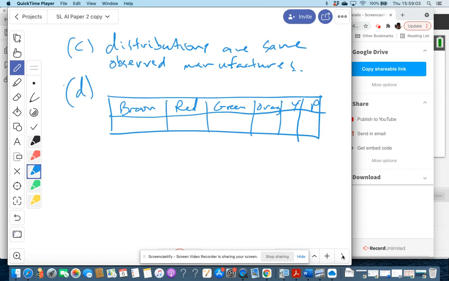Okay, so again, for the calculations, we're going to take the given percentage. So this was 15% of 80. And then 25, this was 20, 20, 10, and 10. And that should add up to 100.